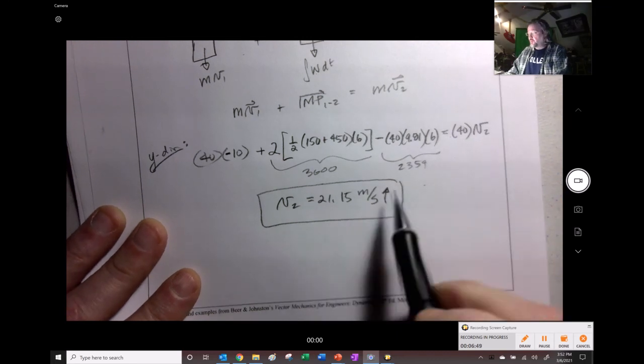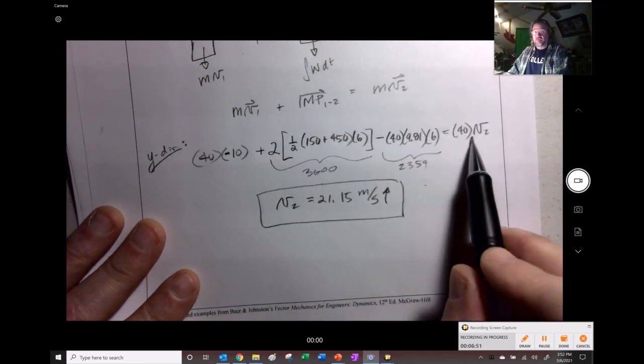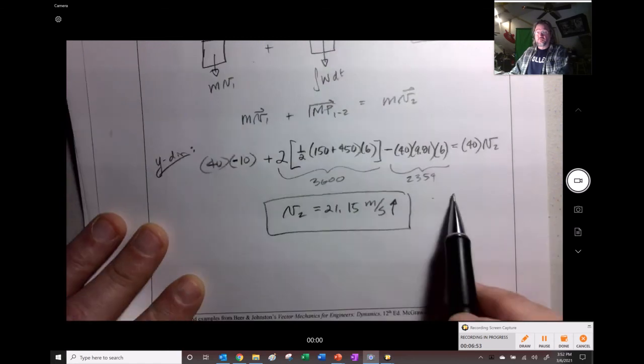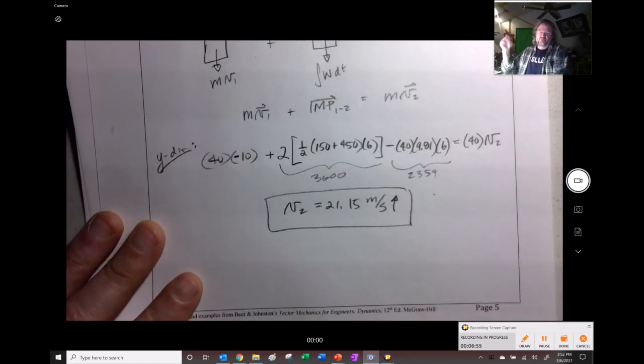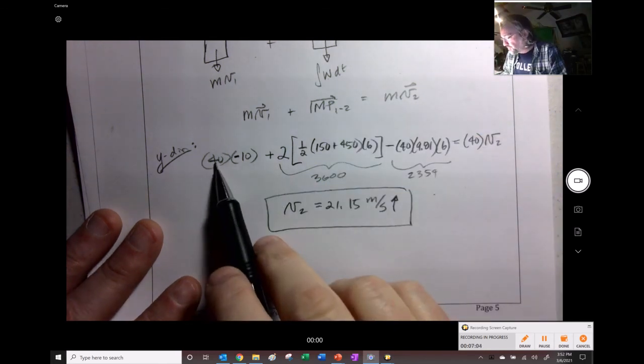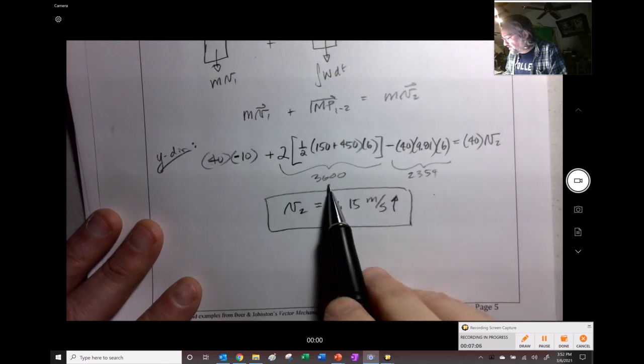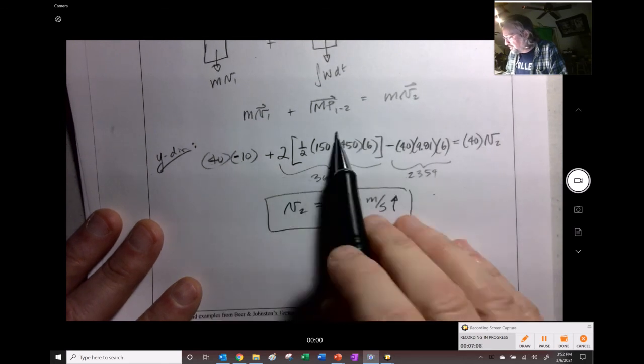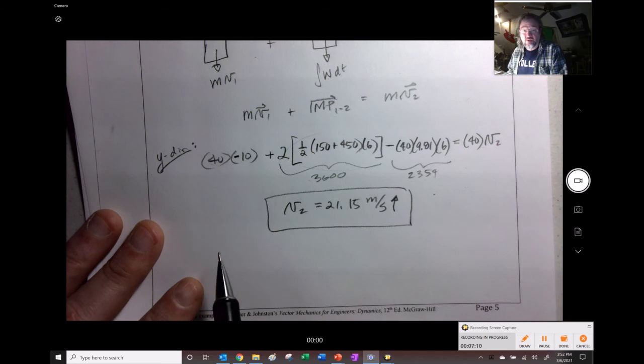It does turn out to be positive, so what we guessed over here was correct. If we had chosen negative, we would have found a negative answer, and we would have been like, oh, that was dumb.